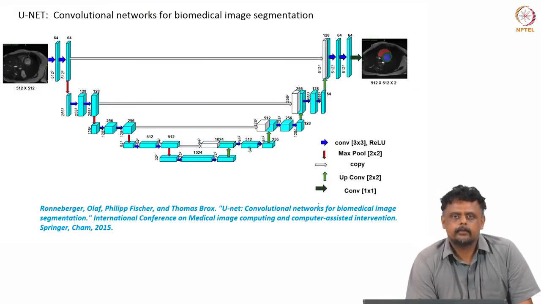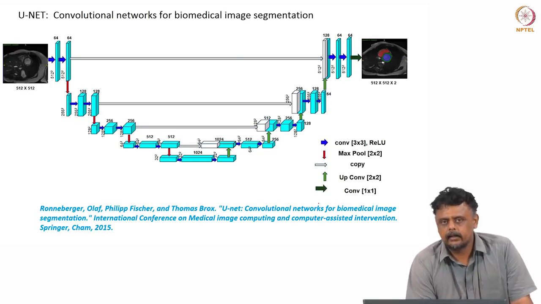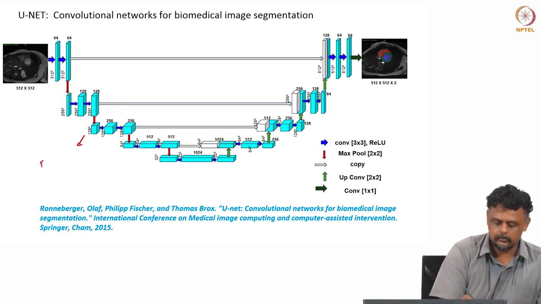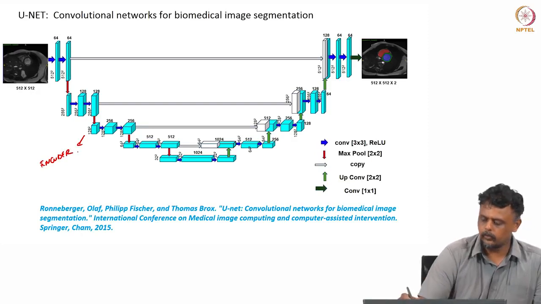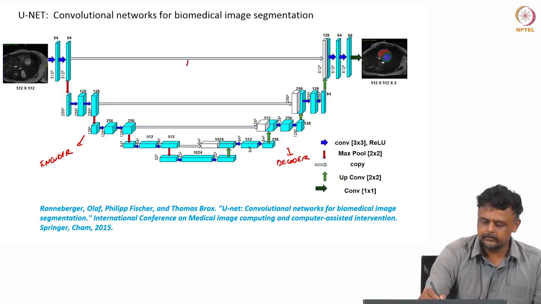Another architecture which has found wide applications in biomedical image segmentation tasks is called the UNet. This network again is very simple. You have in this case the encoder and the decoder side here, and we have these skip connections between the encoder and decoder.